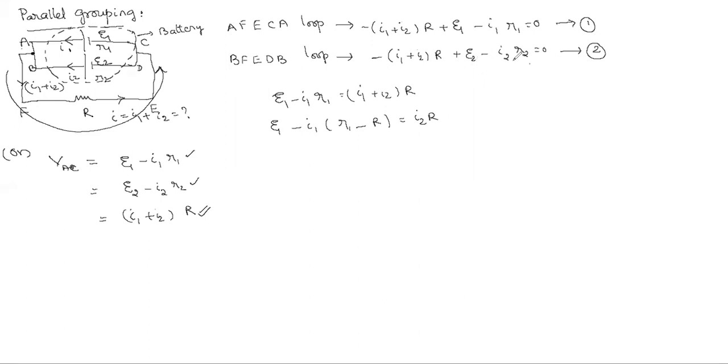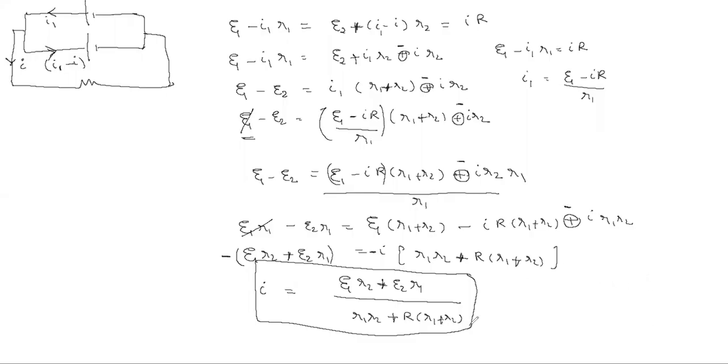And in the same way, from the second equation, you can write E2 minus I1 into capital R equals I2 into (R2 plus capital R). Is it correct, Nana? Yes, sir.